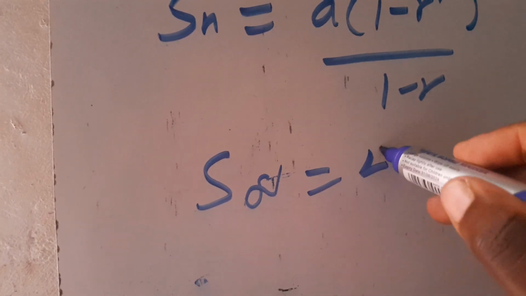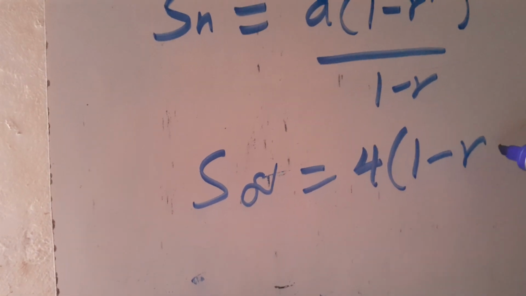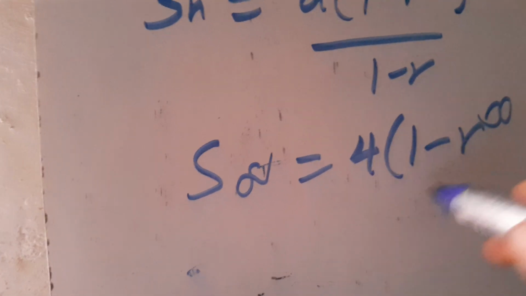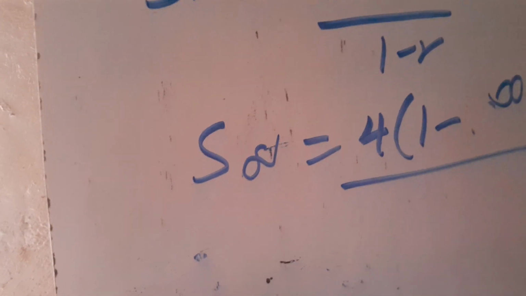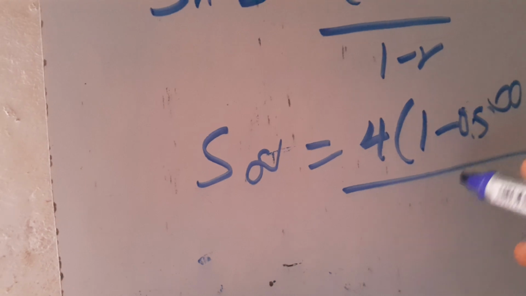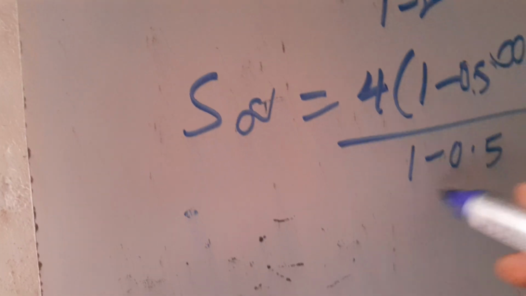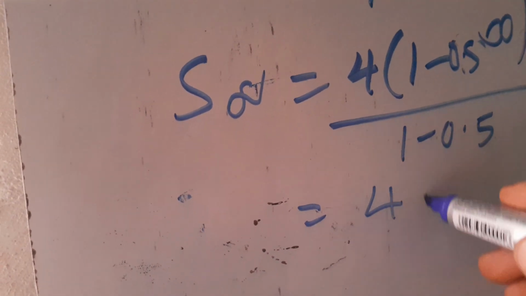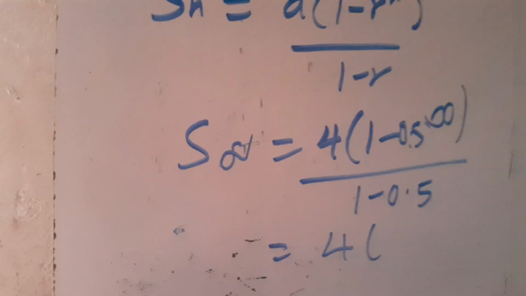Our value of a is 4, and we will have 1 minus r raised to power infinity. That will be r is 0.5, r is 0.5 over 1 minus 0.5. You will have 4 times 1 minus 0.5 to infinity.